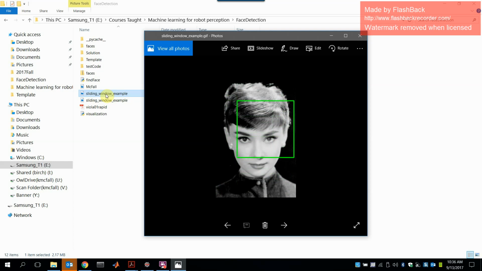So the idea is you're going to take a window and slide it across, and at every position of that green window, you pass that image to your strong classifier and ask, is that a face or is it not a face? So you're going to be doing many predictions with your strong classifier as you move this sliding window across.